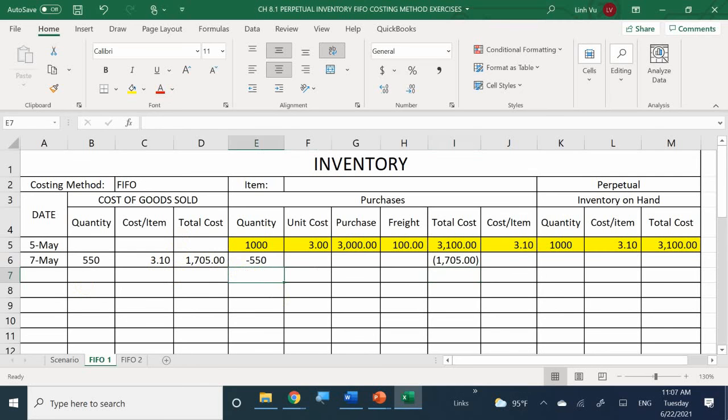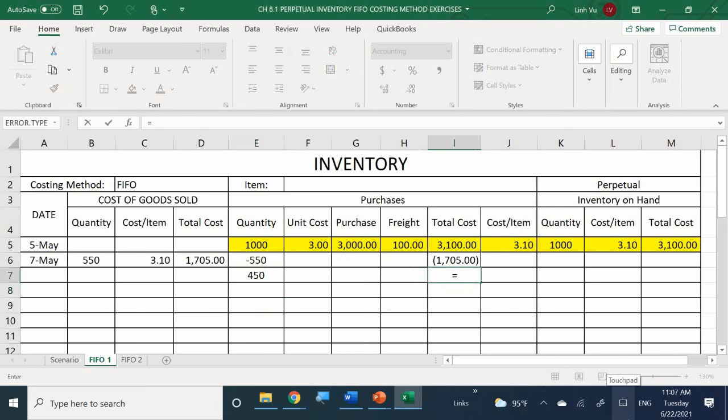So in this case, I'm going to do some calculations here. If I started with 1,000 items and sold 550, how many items should I have remaining? 450. Same thing here.